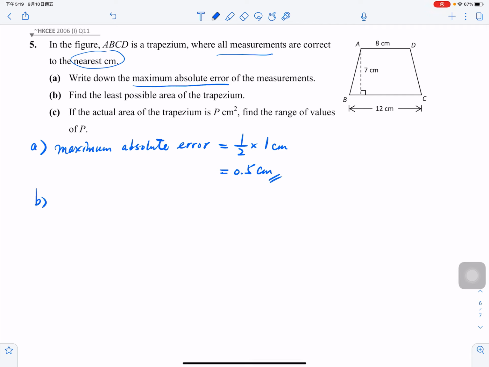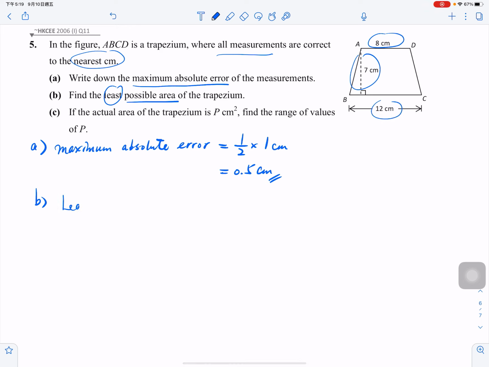Part B, least possible area. Oh, this time it is the area. Okay, so you need to check. Now you have 3 measures here, AD, the height and the length BC.